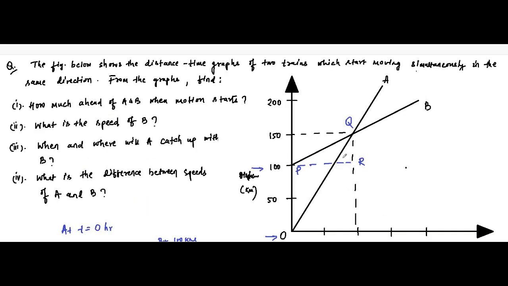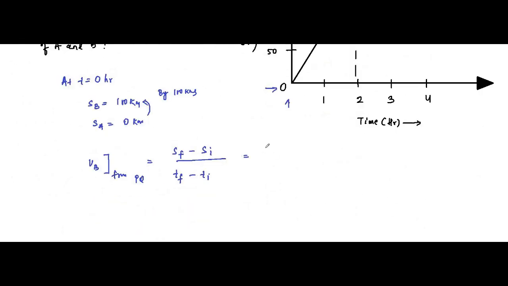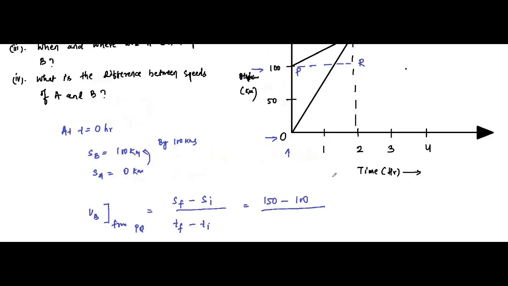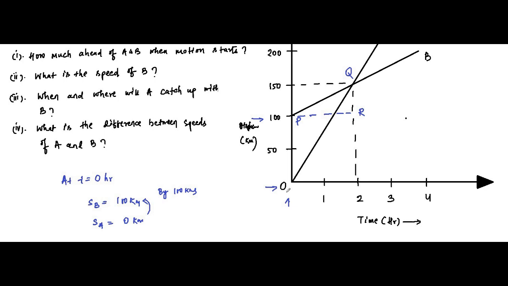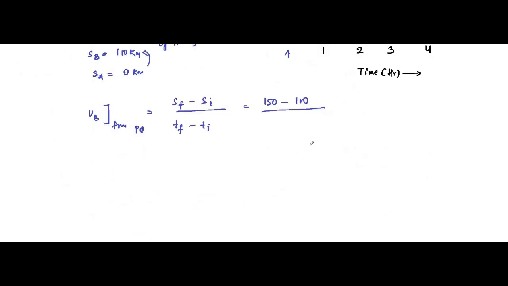In this PQ, the distance traveled at this point Q is 150. Initial distance at t equals 0 is 100. Final time is 2 hours. Initial time is 0 hour. For train B, that is 50 by 2, which is equal to 25 kilometers per hour.